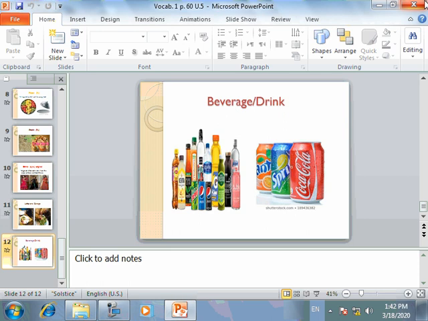Exercise number B. Circle the odd one out. The odd one in number 1, sip. Sip, to take a small amount of drink. Number 2, salty. It's easy. Number 3, stunted. And we had stunted before. Number 4, supper.